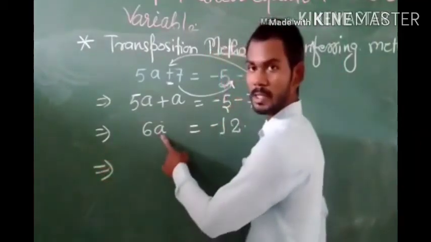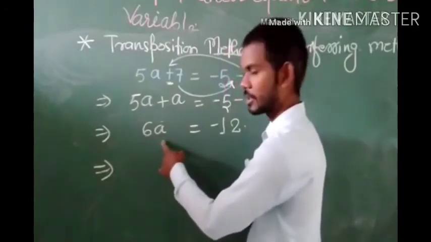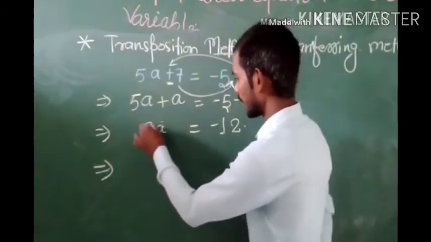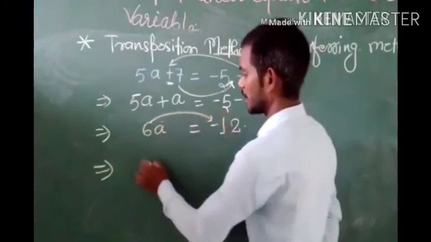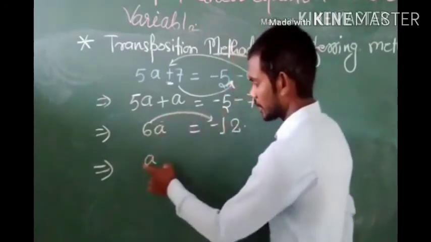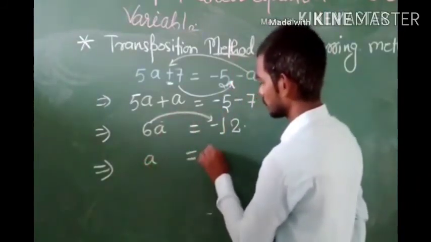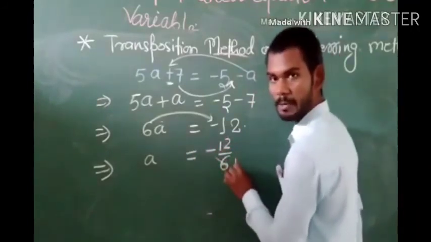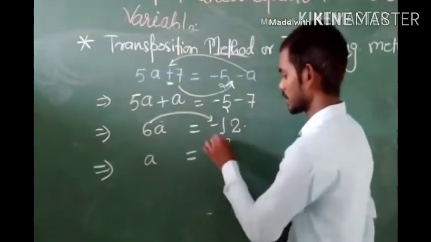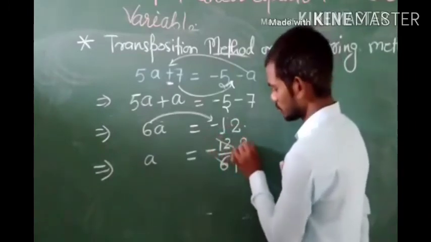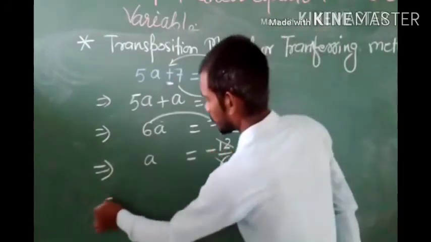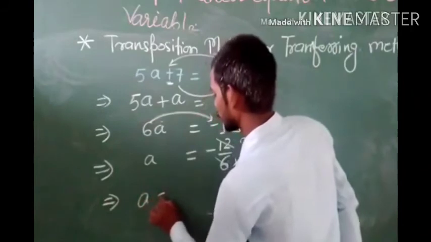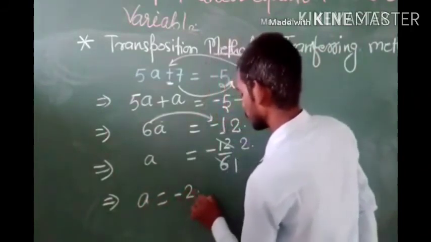Here we can see that 6 is multiplied with a. So when 6 goes to the right hand side, it becomes divided and we have a is equal to minus 12 upon 6. 6 multiplied by 1 is equal to 6, 6 multiplied by 2 is equal to 12. So we have a is equal to minus 2.